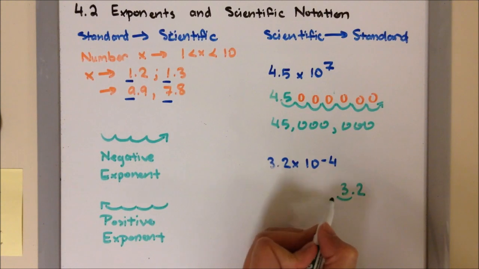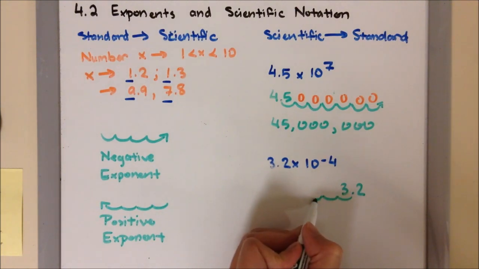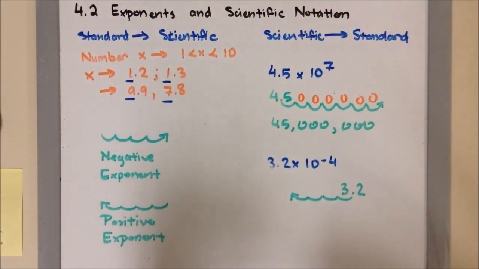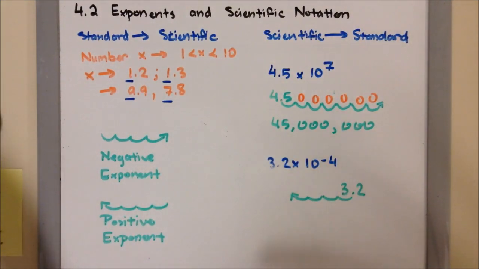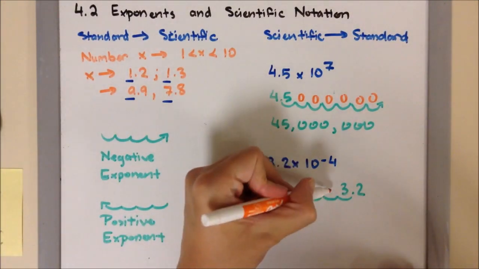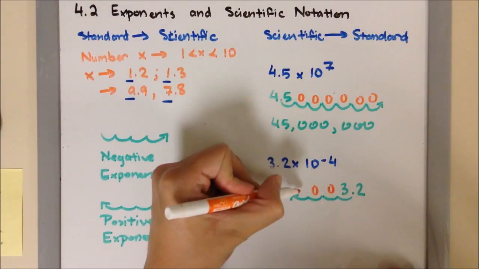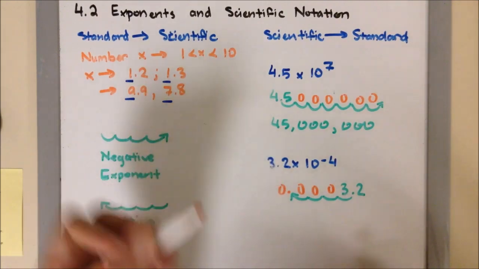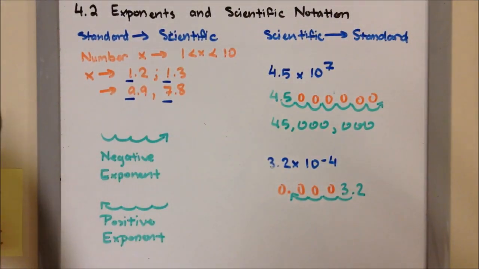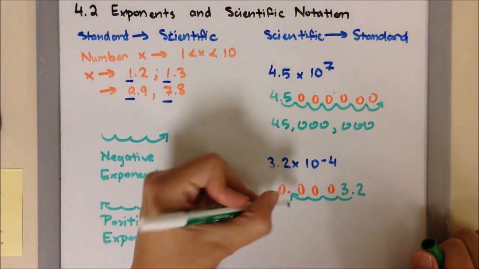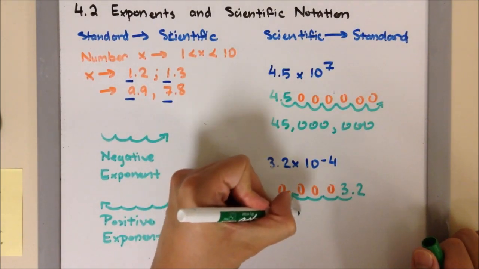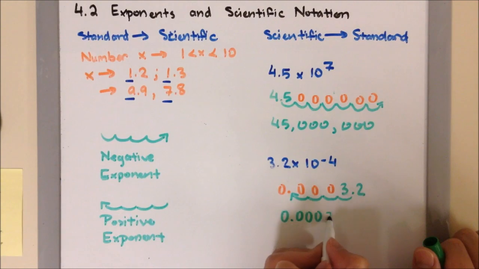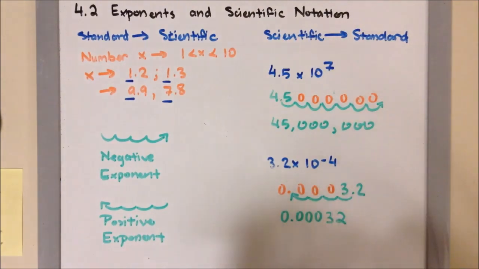So 1, 2, 3, 4. All my curves, I'm going to put zeros in them. Where my arrow is, my decimal, and I'll put one more 0. So my standard number would be 0.00032.